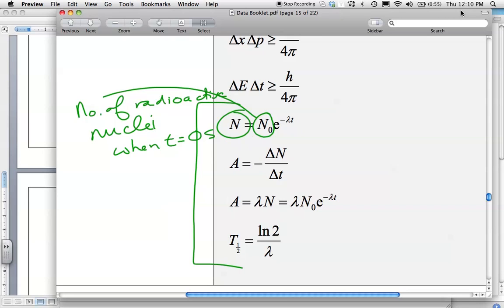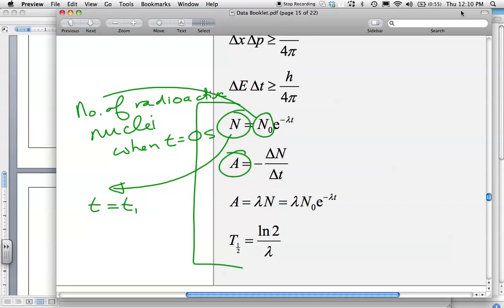N is the number of those radioactive nuclei that are left over when we have gone a certain time. So when t is equal to some time, say t1, how many of those are left over?